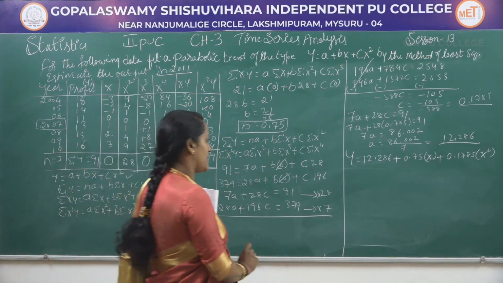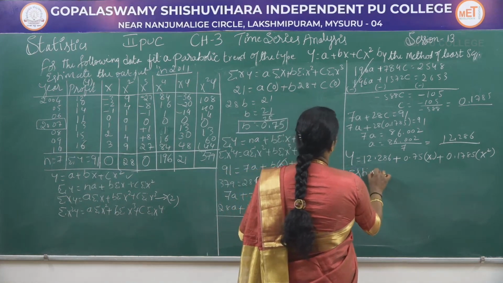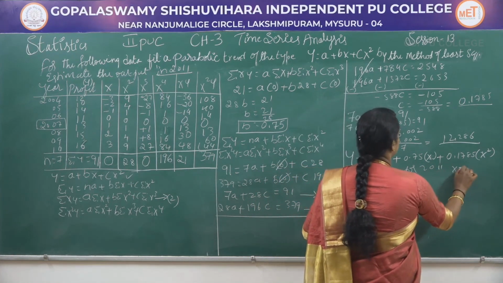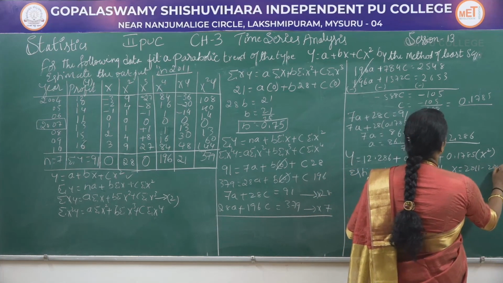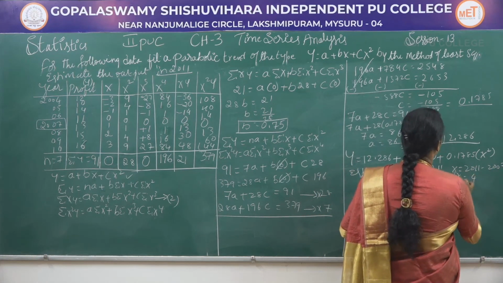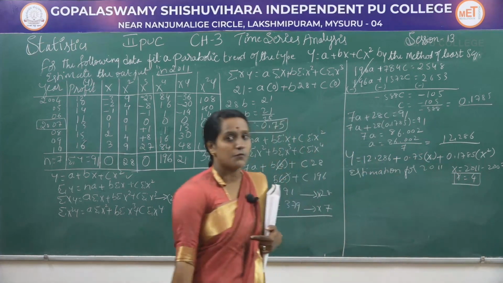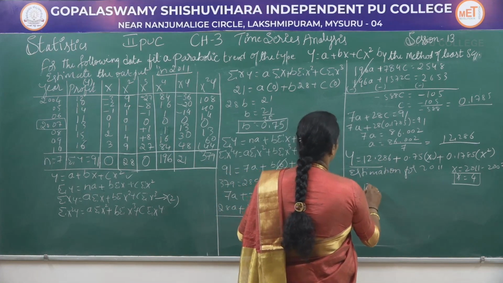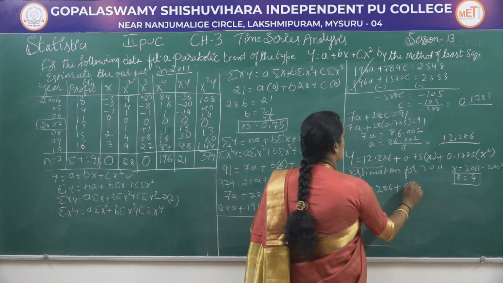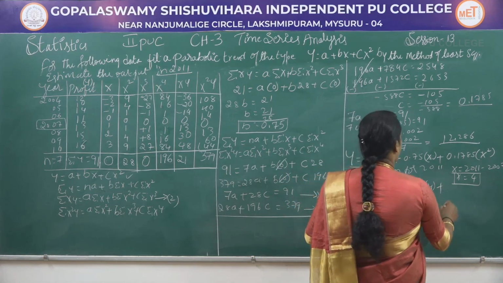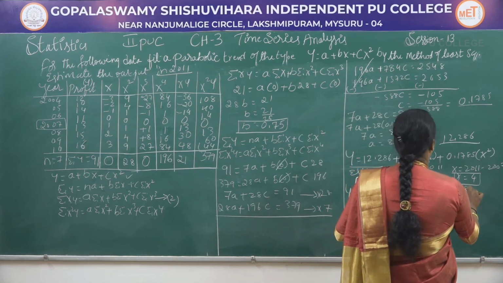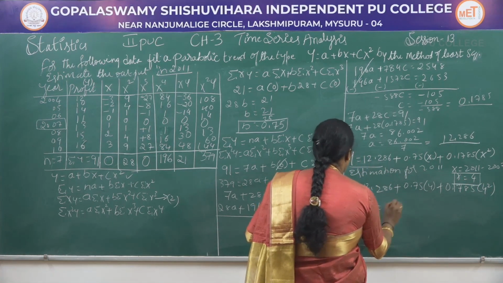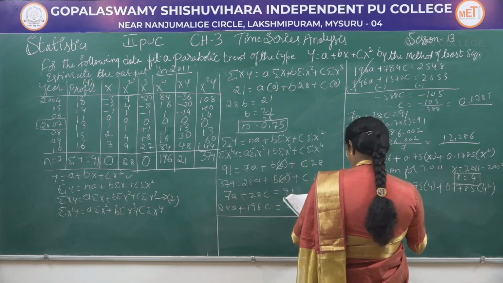So estimation for 2011, x is 2011 minus 2007, x is equal to 4. So x equals 4. Substitute this value in this equation. So y is equal to 12.286 plus 0.75 into 4 plus 0.1785 into 4 square. After simplification, the estimation for 2011 is 18.142.